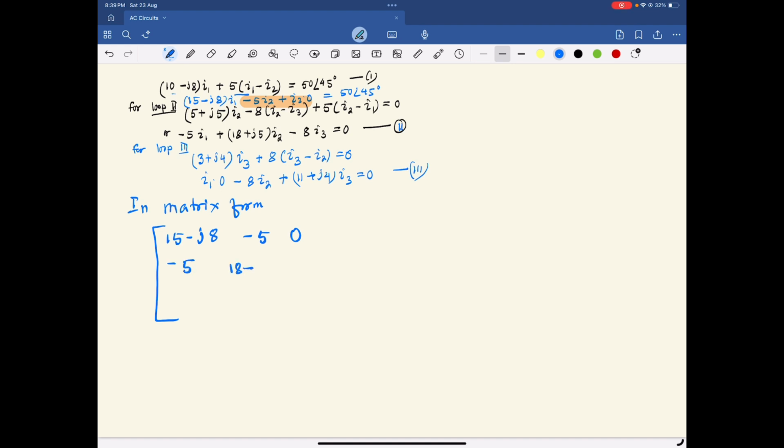In the first equation we can see 15 minus J8 into I1, then minus 5 I2, and the coefficient of I3 is equal to 0.